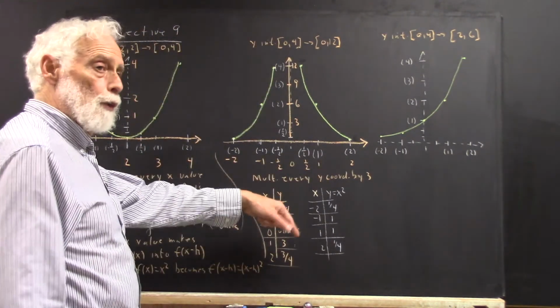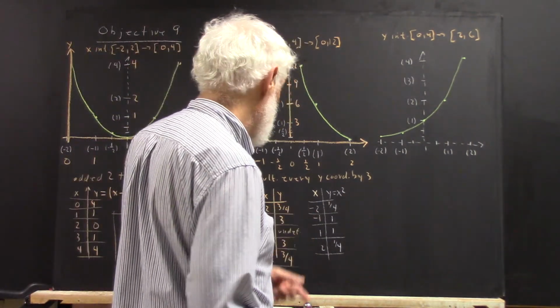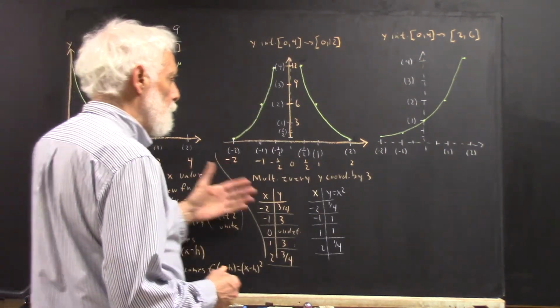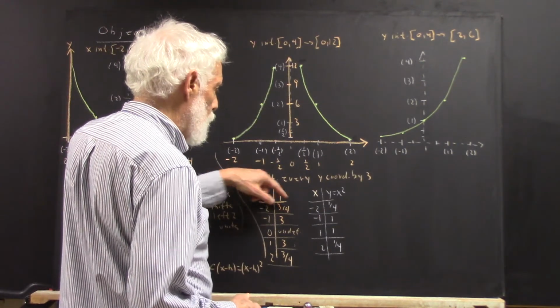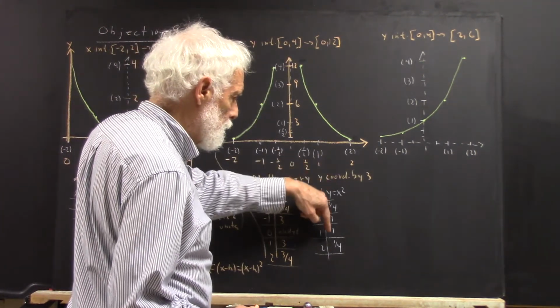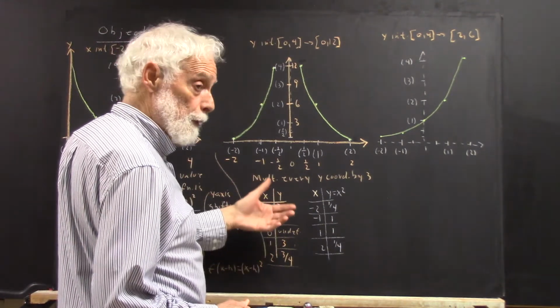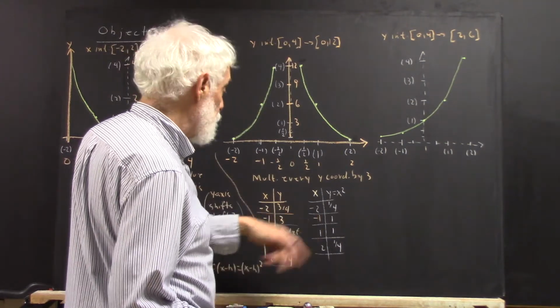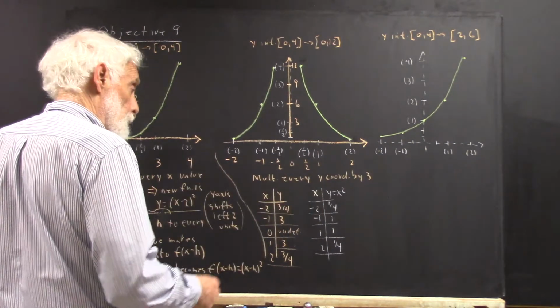I really should include the 1/2, but I'll let you do that. The negative 1/2 and 1/2 x values. What's the comparison? Every one of these y values is 3 times the corresponding y value over here. If you include the negative 1/2 and 1/2 points, the y values here are 12, and the y values over here would be 4, the same. Okay, you'd be multiplying them all by 3.